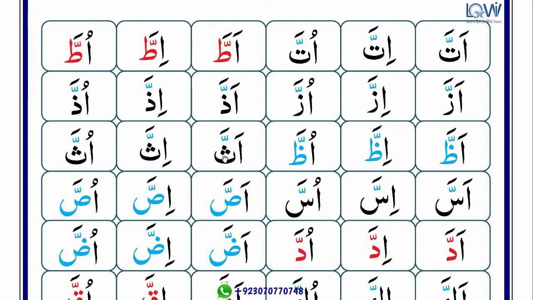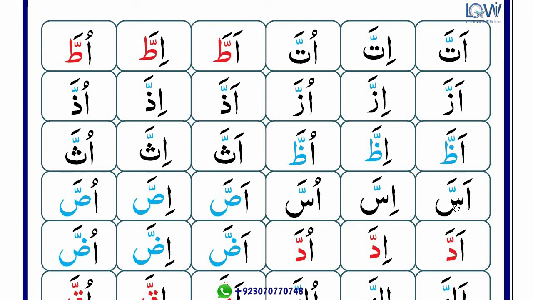Tha, zabar tha, ath. Hamza, tha, zir ith. Tha, zabar tha, ith. Hamza, tha, pesh uth. Tha, zabar tha, utha. Now all letters without spelling. Atha, itha, utha.